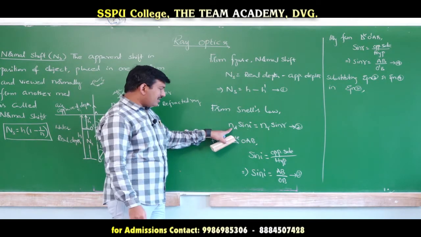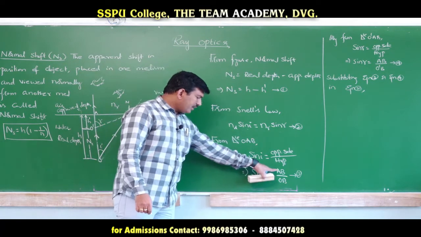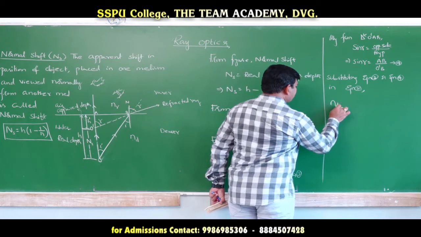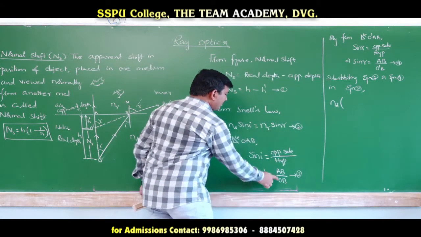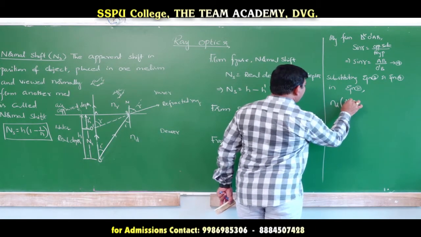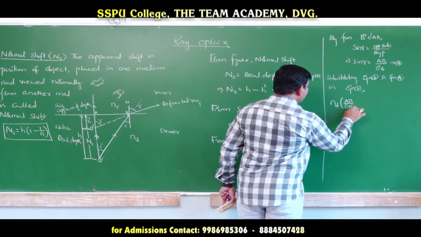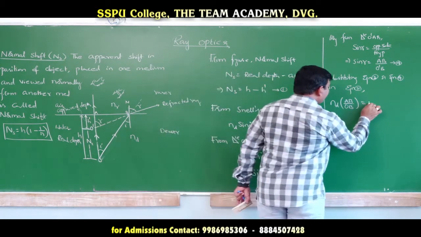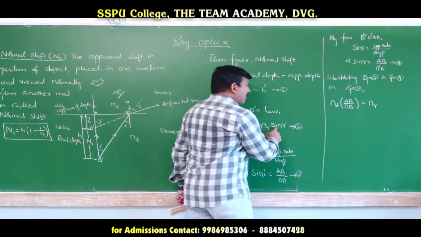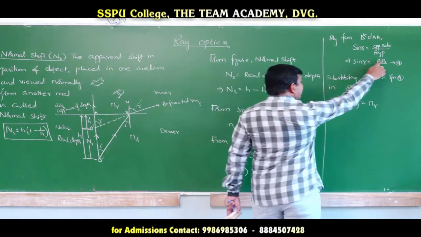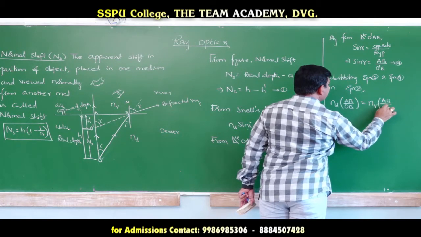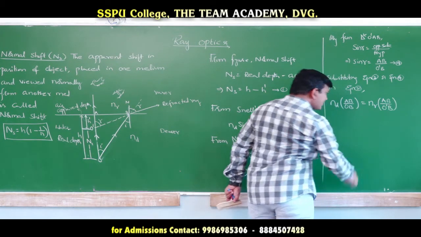That is nd into sin i. Sin i means AB by OB. So nd into sin i means AB by OB, which is equal to nr into sin r. Sin r is AB divided by O dash B. Yes or no?